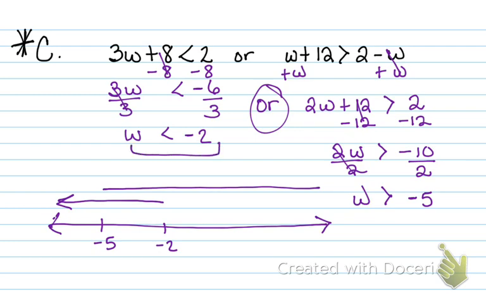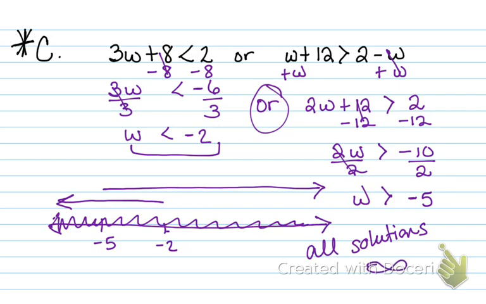So I can actually include that. If I pick negative 2, even though it was an open circle before, when I look at W is greater than negative 5, it falls within that category. Notice that it goes both directions. Everything. So we actually can shade in the whole line. This is an all solution problem, our real number solution, or we can do infinity, and we know that any number will work for these to be accurate.